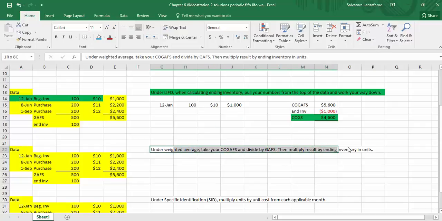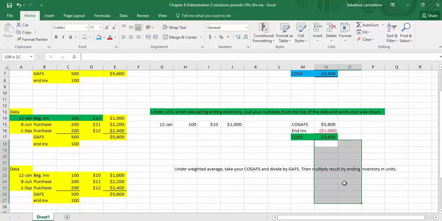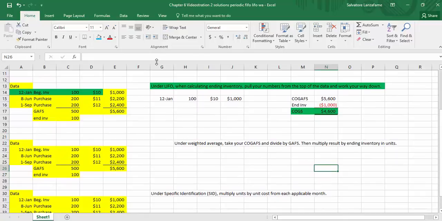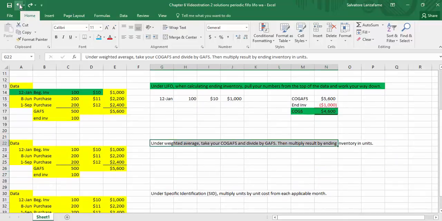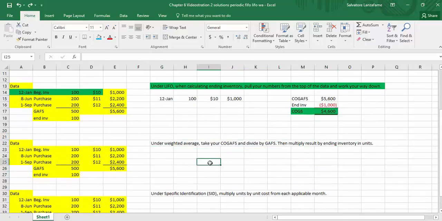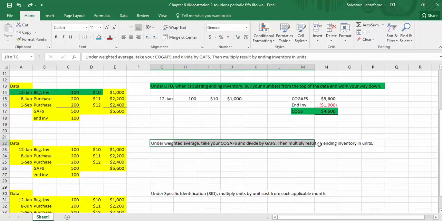Now, there's only one little stipulation though, and that stipulation is that this is crazy, but you're only allowed to switch techniques once in the company's existence. So in other words, the government and the accounting gods give you one mulligan. So let's say for the last 5 years, you've been using FIFO and you're like, man, I want to switch.